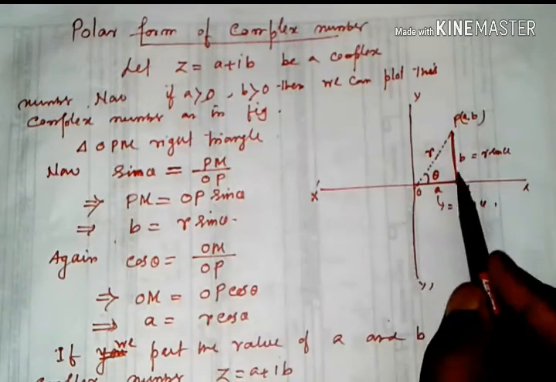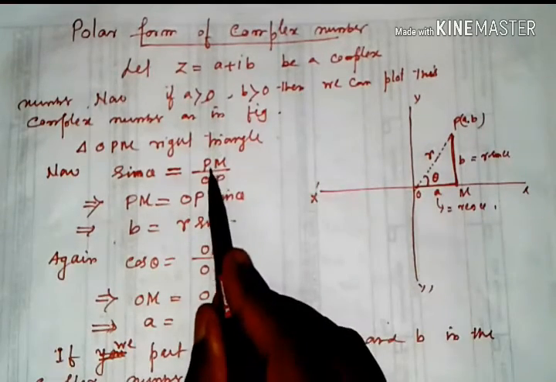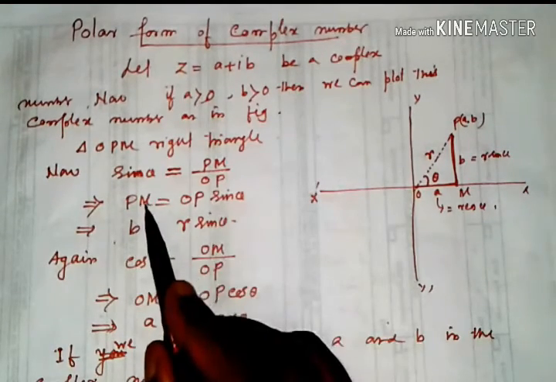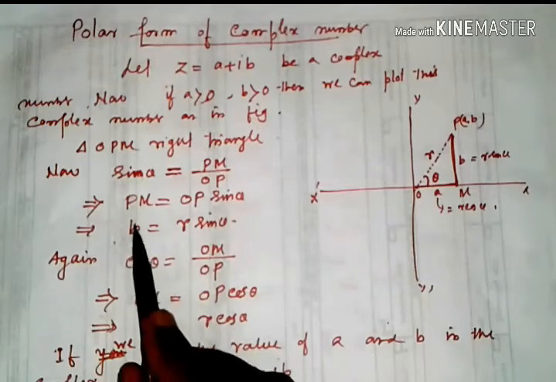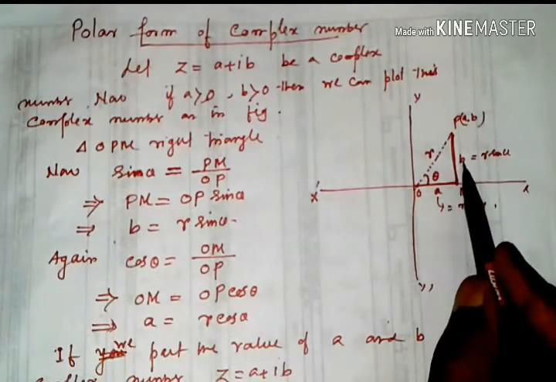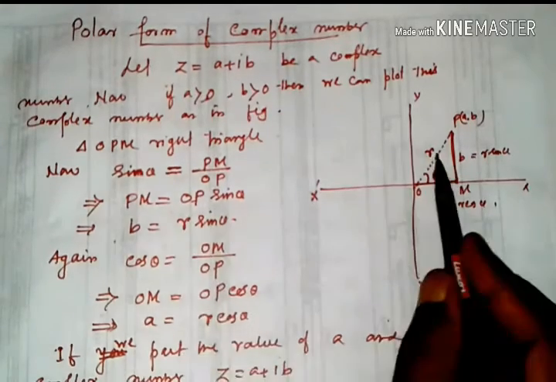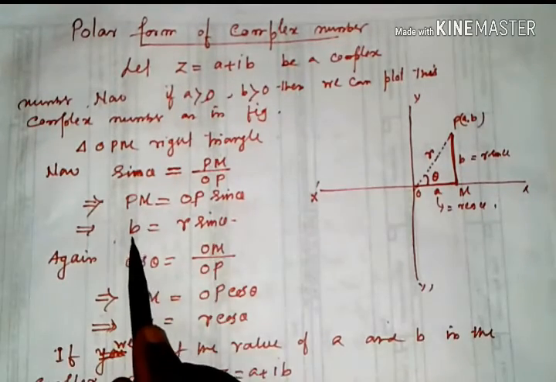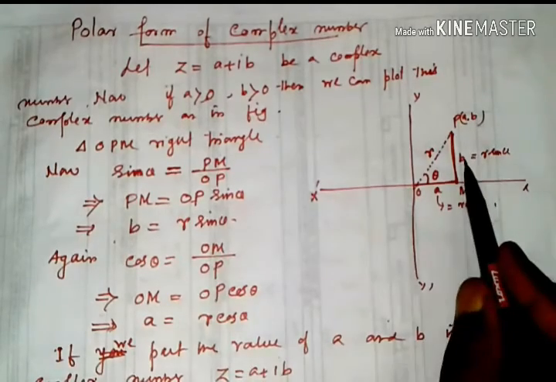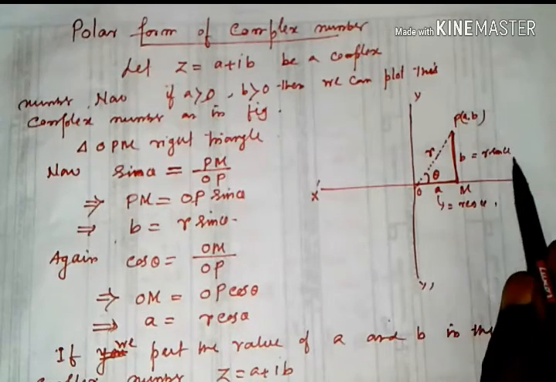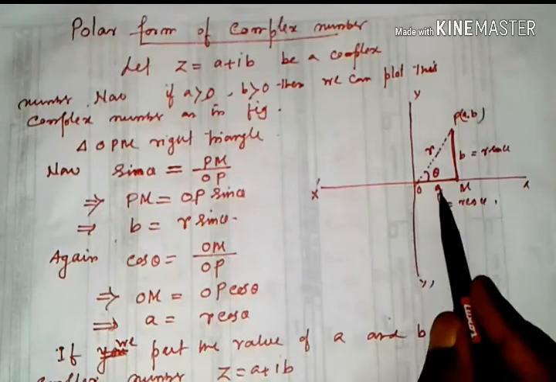Here the perpendicular is PM and the hypotenuse is OP. Therefore sin theta = PM by OP, so PM = OP sin theta. PM is b and OP is r. Therefore b = r sin theta. Now what is a?